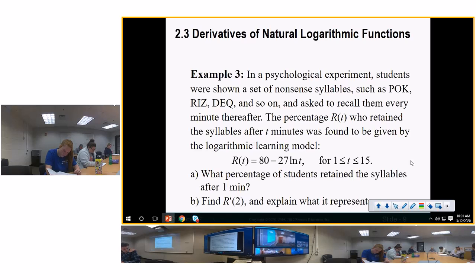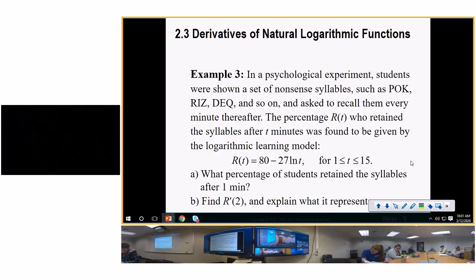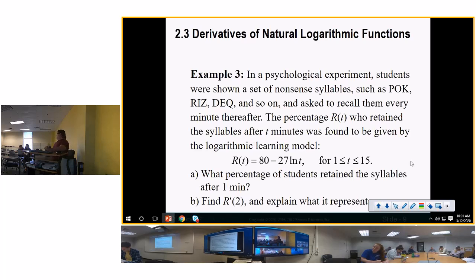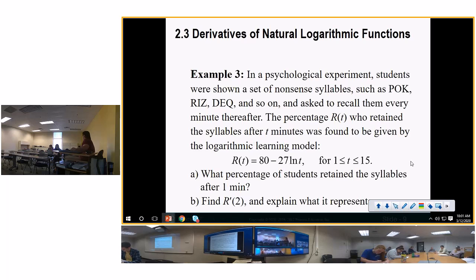Y'all can work on these logarithms over the break. Yes. I took the test yesterday because I felt ready for it. Good. And it's a little different from the other ones. Like there's no time and there's no limit to each question. I fixed it. Okay.